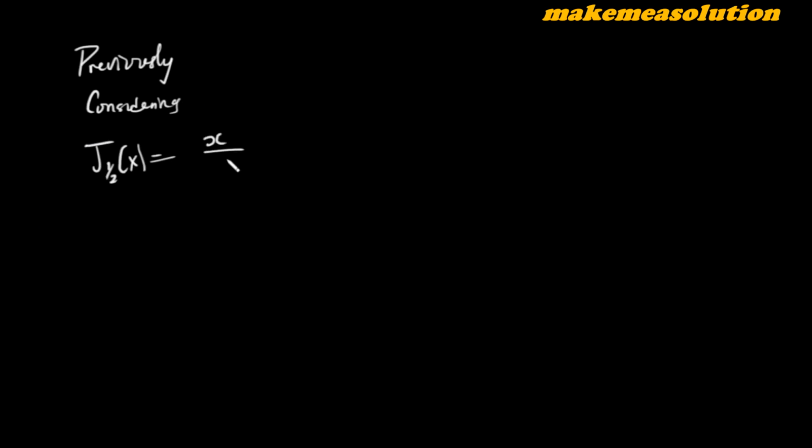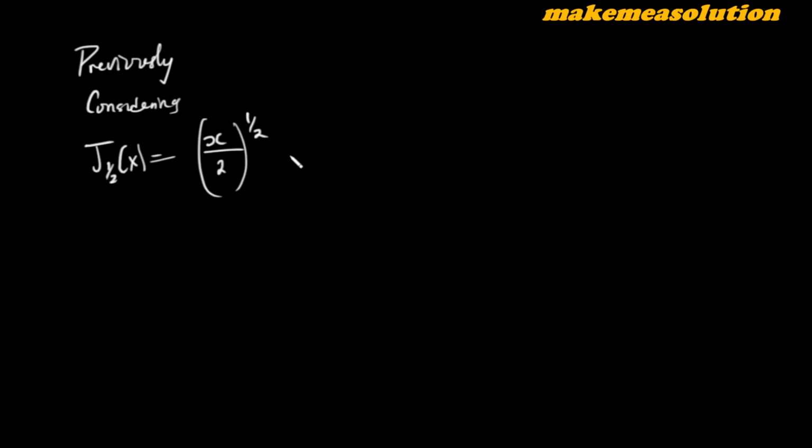So previously, we are considering the denominator, or let's just write it: J of 1 over 2 of x is still the same thing as x over 2 raised to the power of half.